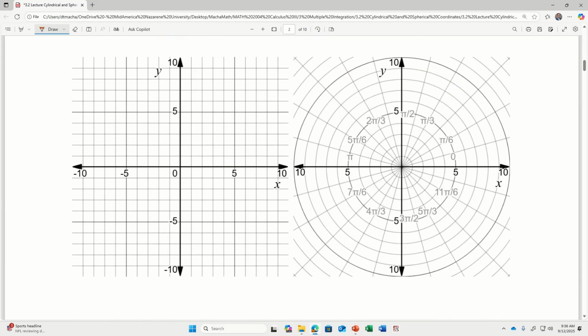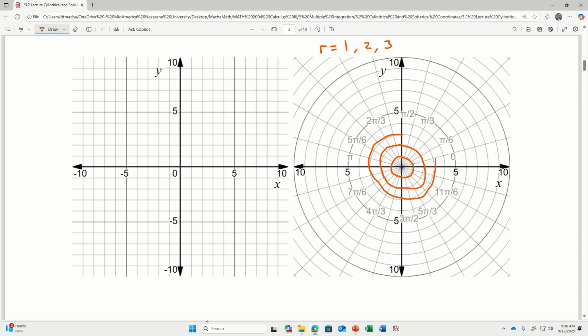Okay, polar coordinates. I found out the other day that Desmos can do a display in rectangular coordinates, and also Desmos can switch to this if you prefer, where you can see what it looks like with polar coordinates. And so you have these concentric circles, and those circles are values of r, right? So if I have r equals 1, 2, 3, that corresponds to the r equals 1 circle, the r equals 2 circle, and the r equals 3 circle.